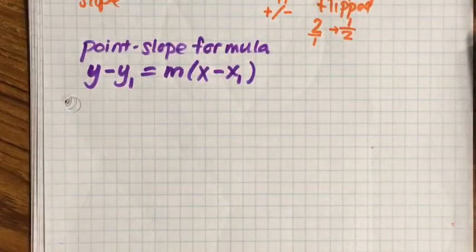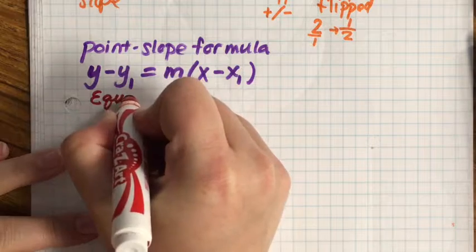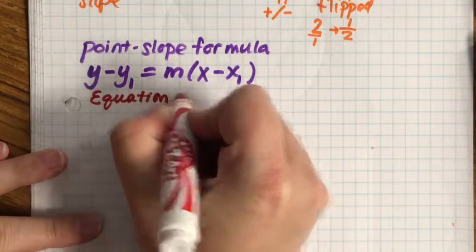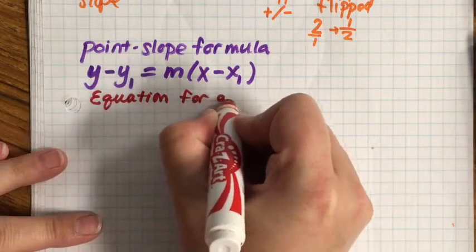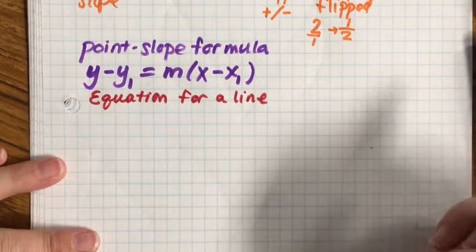So here's an example of what they would do. They would say, write an equation for a line. We're going to write down the directions that they would say.